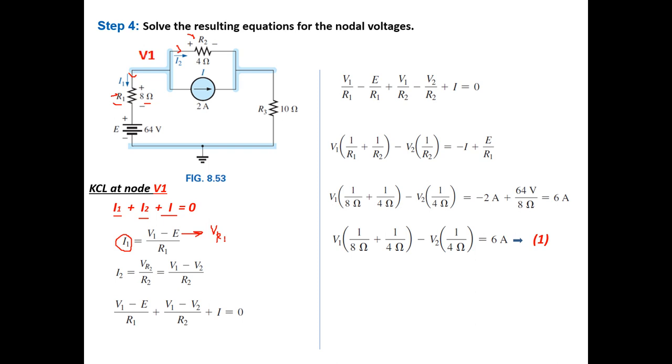This is VR1, the voltage across resistor number 1. The voltage drop is the potential difference between the highest point, and we are working at this node, so we have to take each node individually, guys. So we are working in node number 1 now.